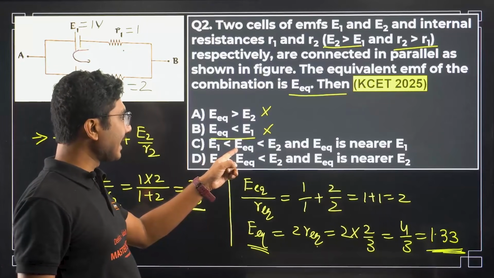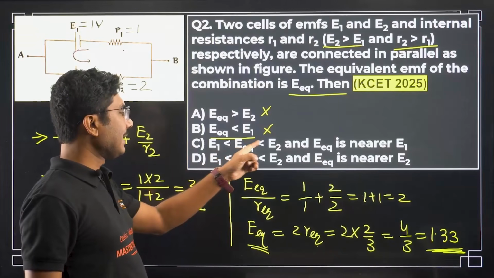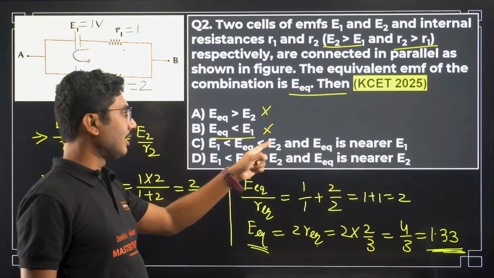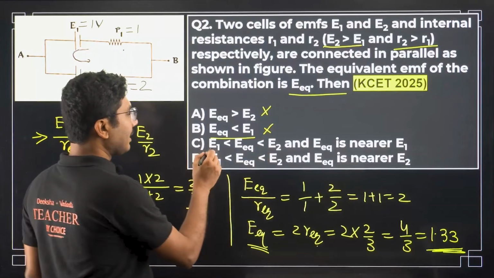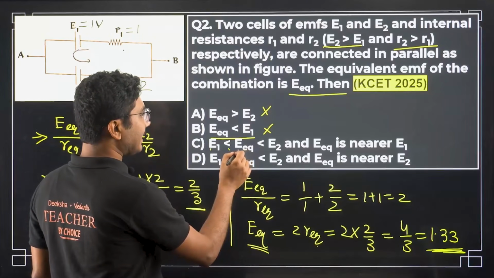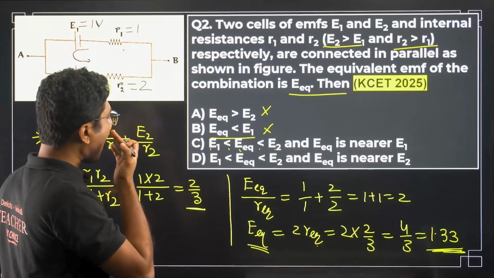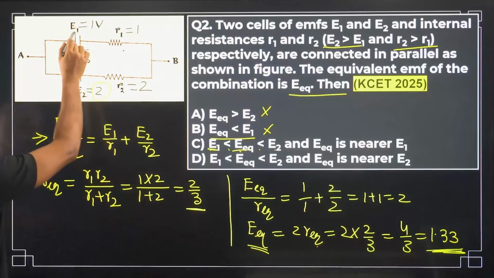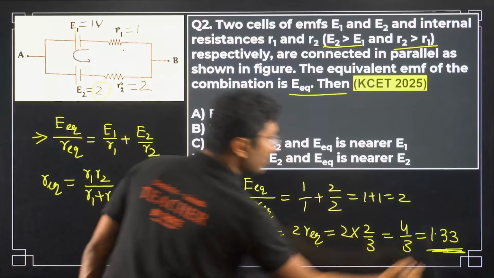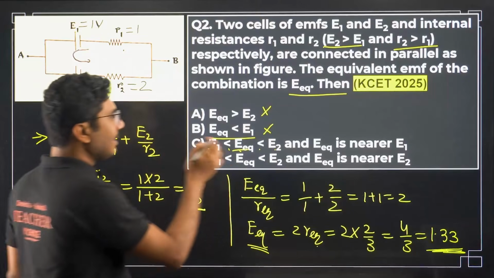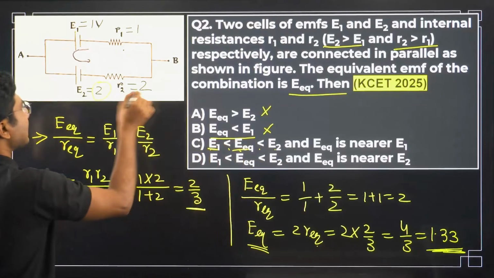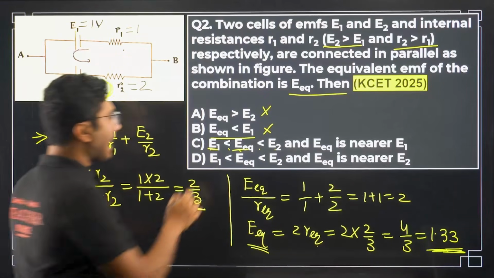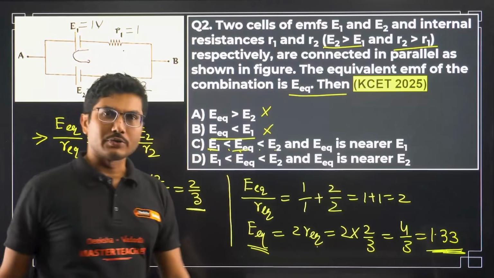E1 is less than EQ, but it is also less than E2. That means E1 is less than EQ and EQ is less than E2. So E1 is less than EQ. Is it correct? Yes, it is correct. And it is less than E2 as well. So either of these two options will be correct.